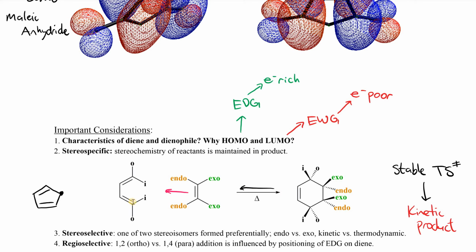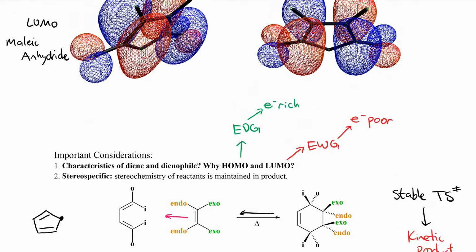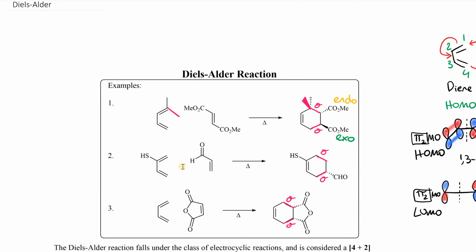Now with those considerations, let's dive into the one that may be the most convoluted, the regioselectivity of the Diels-Alder. Now example 2 had this aspect of regiochemistry. We're putting the sulfhydryl group here, which is electron donating, at the carbon 2 position. And we have the electron withdrawing group on the dienophile, let's say on carbon 6.